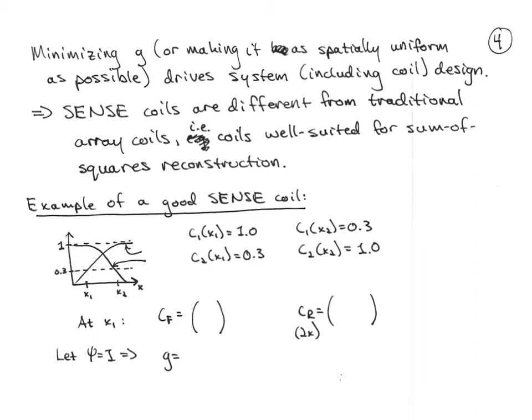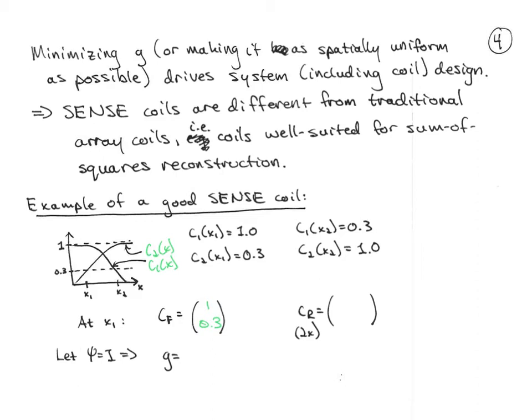Okay, so here's an example of a good SENSE coil in 1D. Let's consider the case where we have two coils, C1 and C2, and we're going to accelerate by a factor of 2 and have two spatial locations aliasing on top of each other. At spatial location x1, the coil vector is 1 and 0.3. This guy is C2 of x, and this guy is C1 of x.